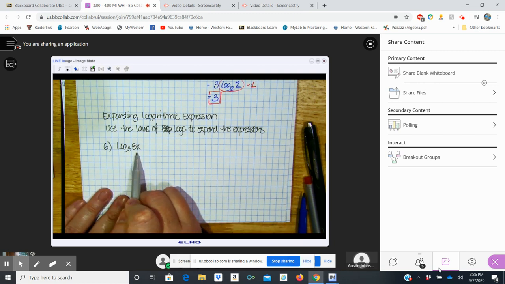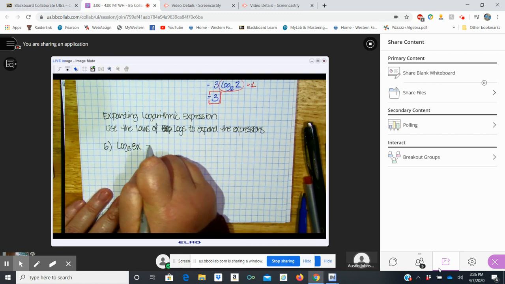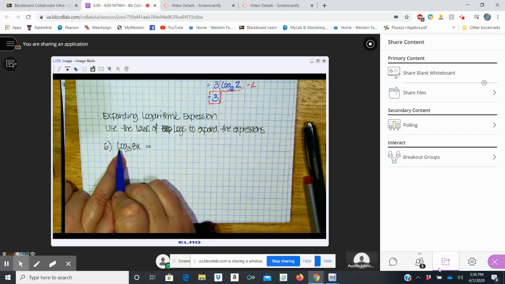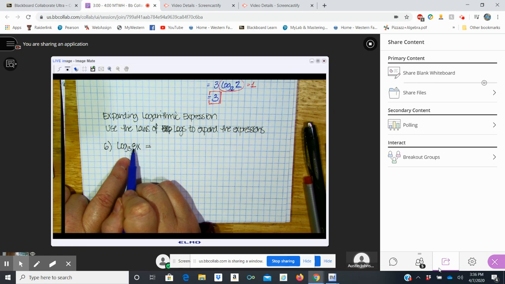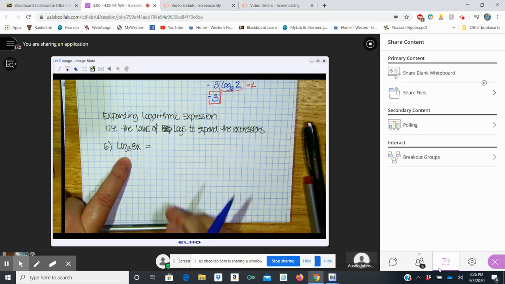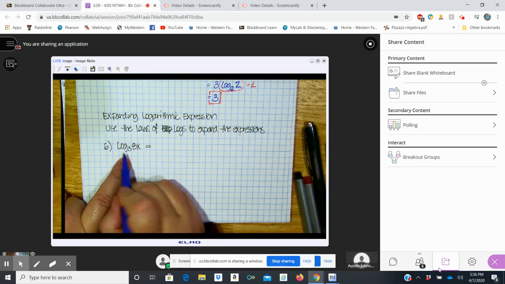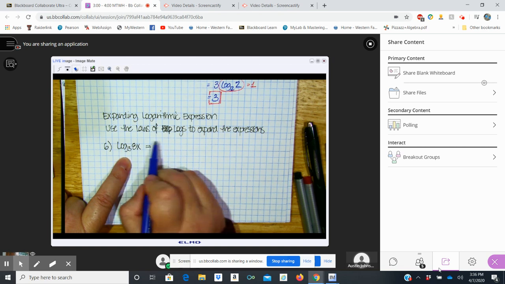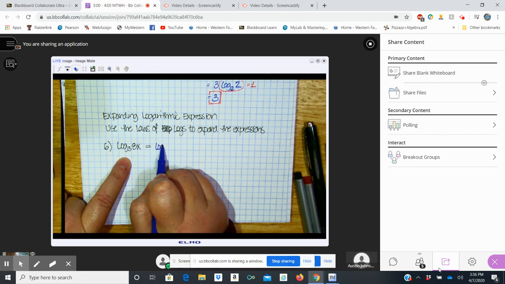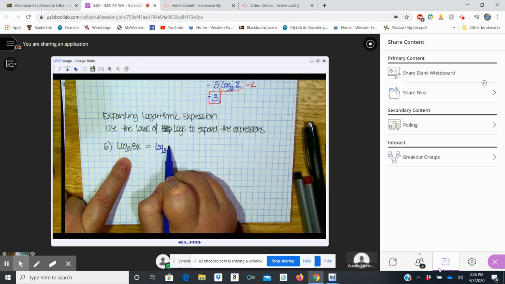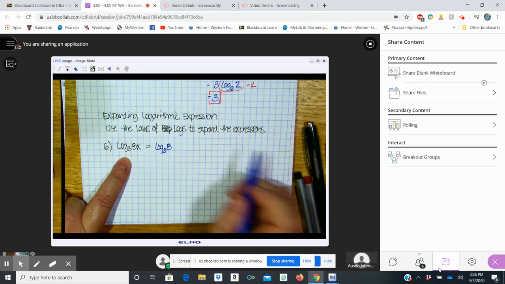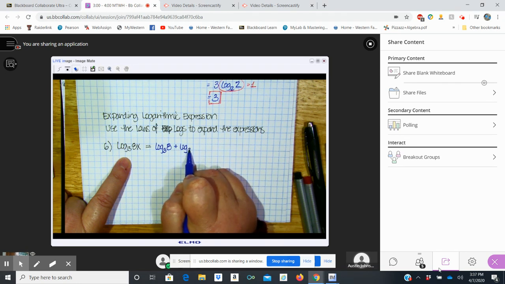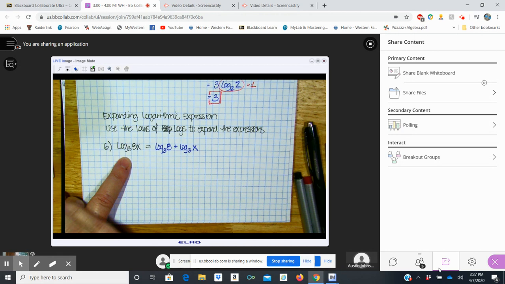So looking at this, you have the log base 3 of 8 times x. We're asking you to simplify this or to expand it by saying this could be the log base 3 of 8 added to the log base 3 of x.